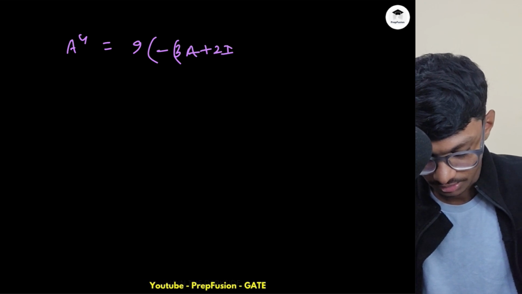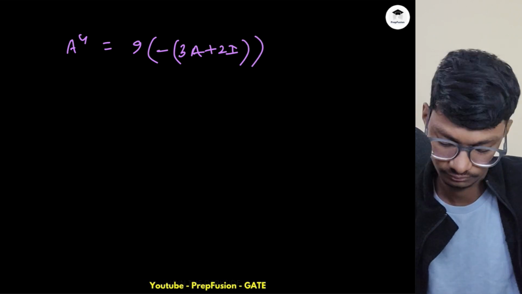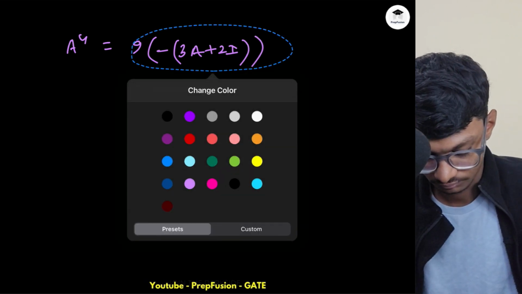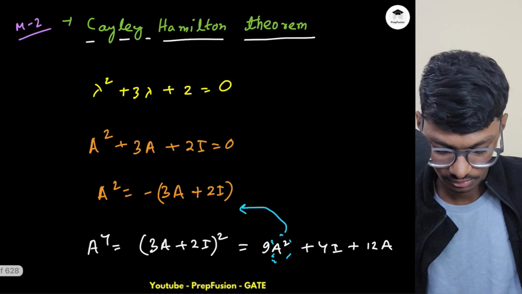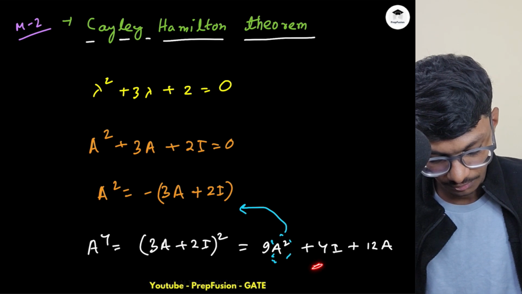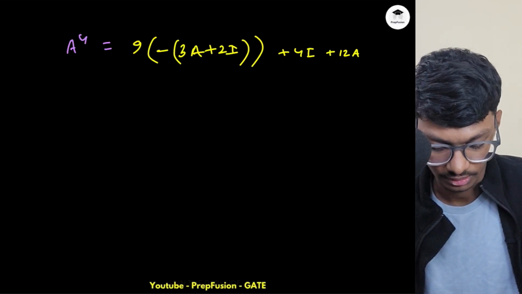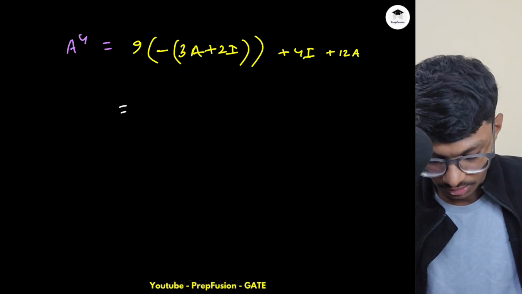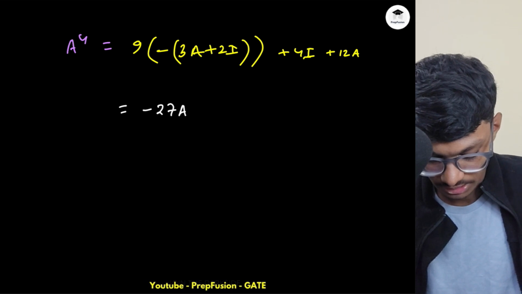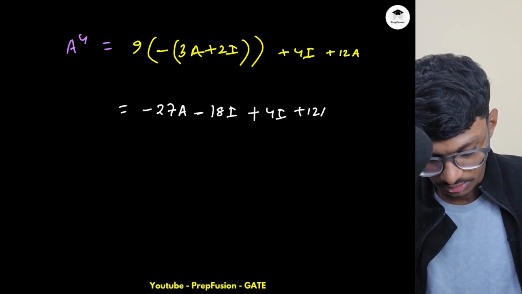3A plus 2I, plus 2I plus 4I plus 12A. So this becomes basically minus 27A minus 18I plus 4I plus 12A.